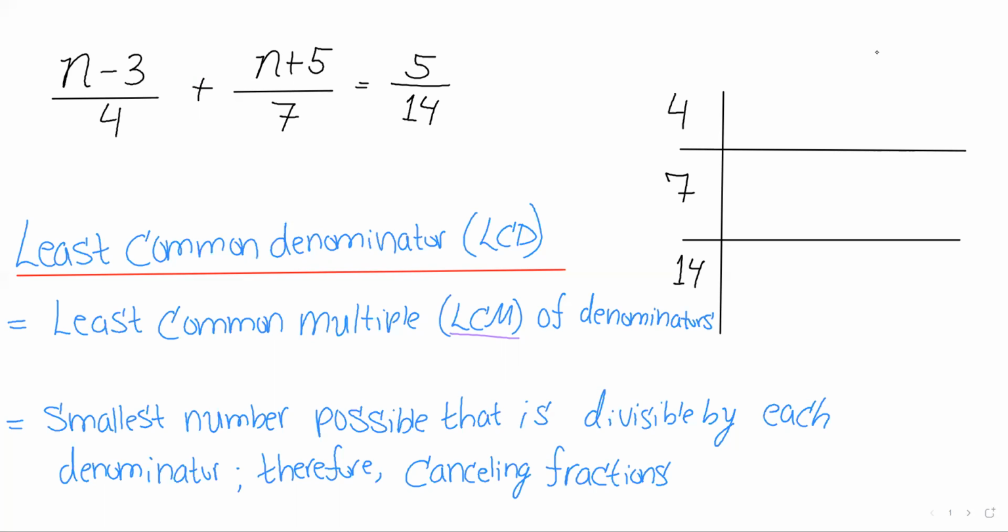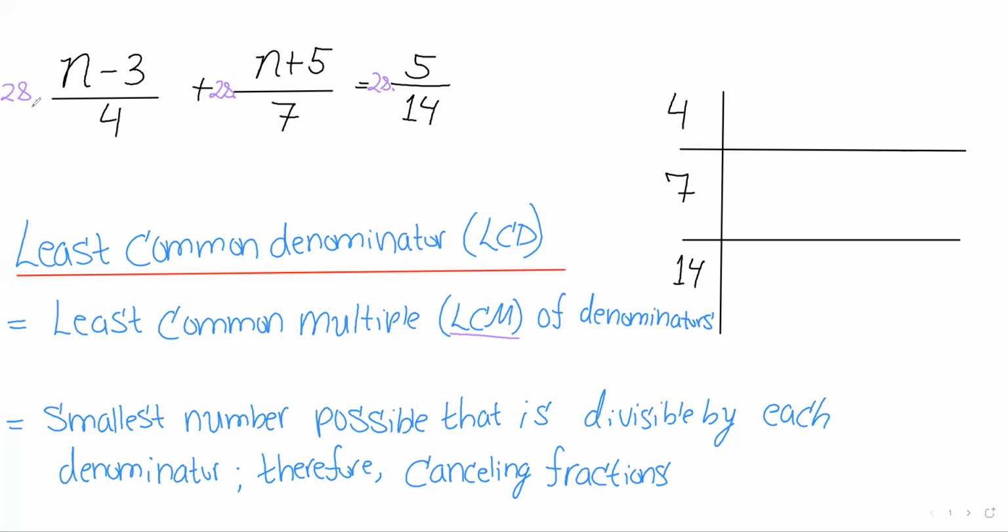For example, what if I multiplied the first term by 28 out in front, and then the second term I multiplied by 28 and the third term? Now, this could simplify my fractions into whole numbers.